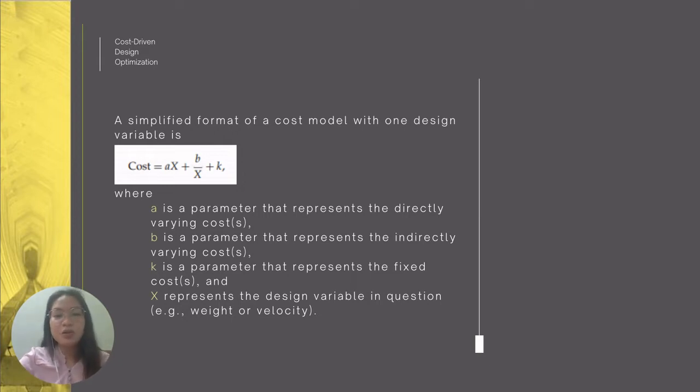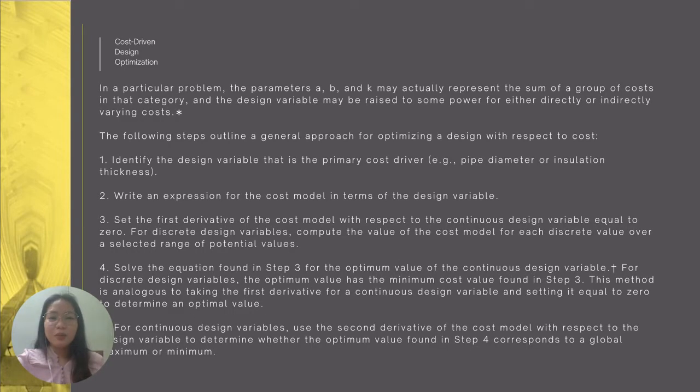Like for example, the weight, or the desired weight, or your design velocity. That is being represented by the variable X. In a particular problem, the parameters A, B, and K may actually represent the sum of a group of costs in that category, and the design variable may be raised to some power for either directly or indirectly varying costs.